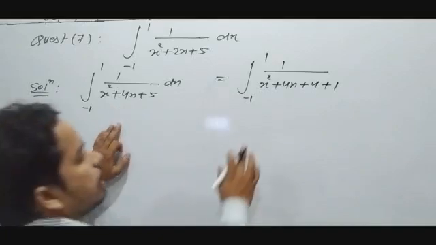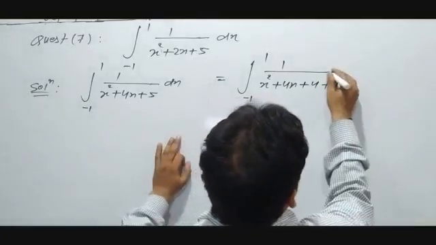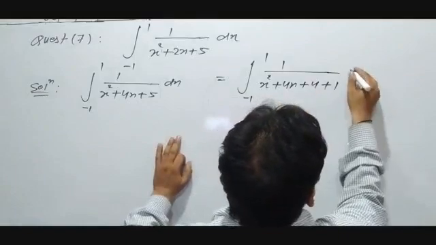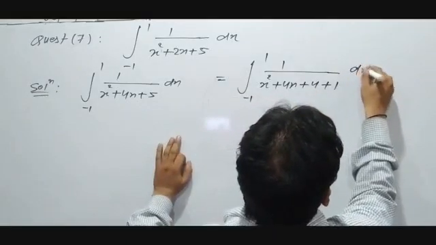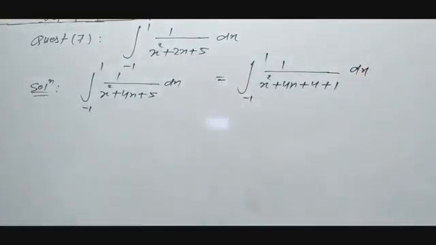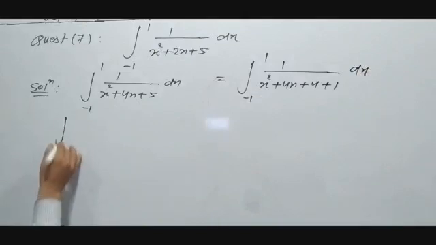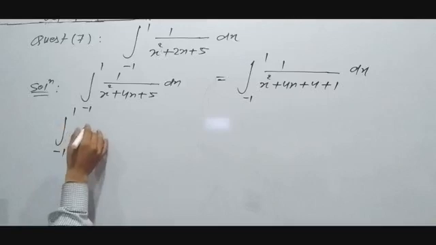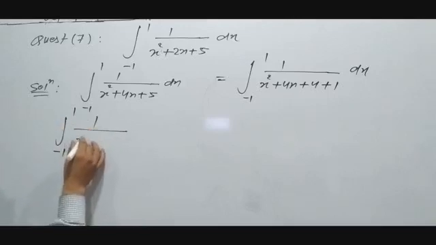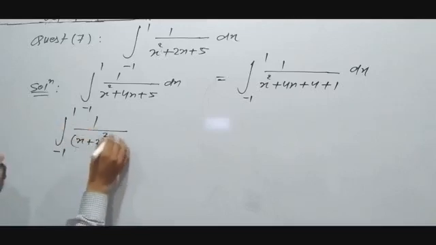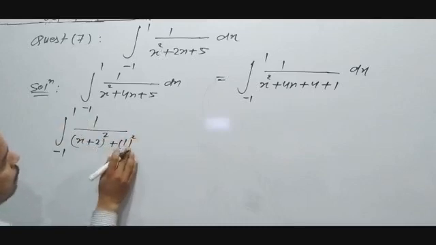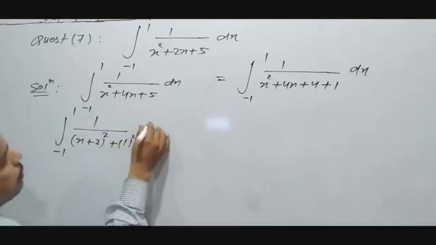So it will be in perfect square format. So the first three terms you can write: integration over minus 1 to 1 upon x plus 2 whole square plus 1 whole square dx.